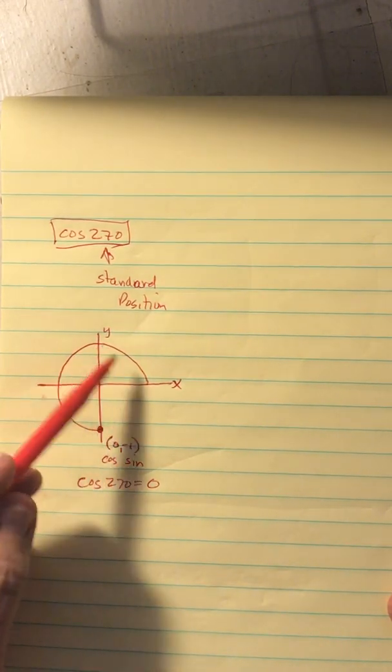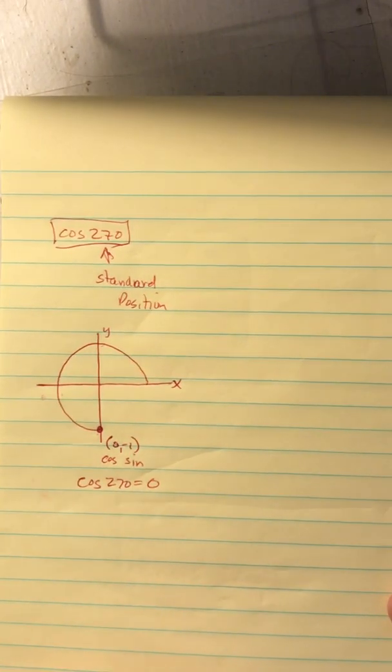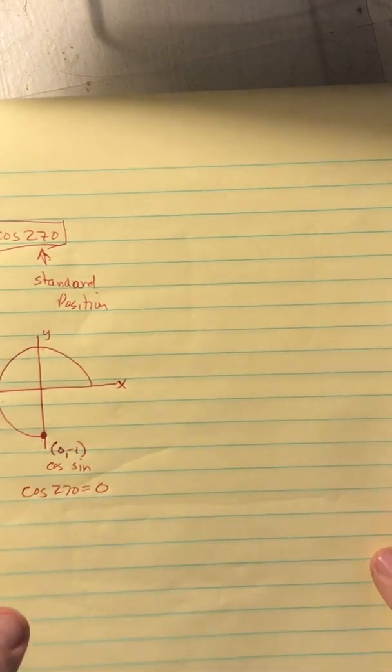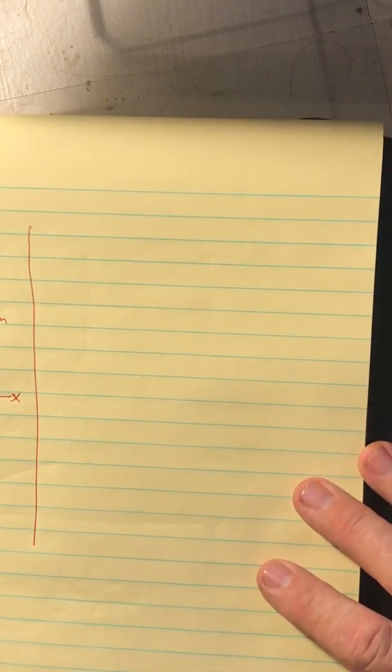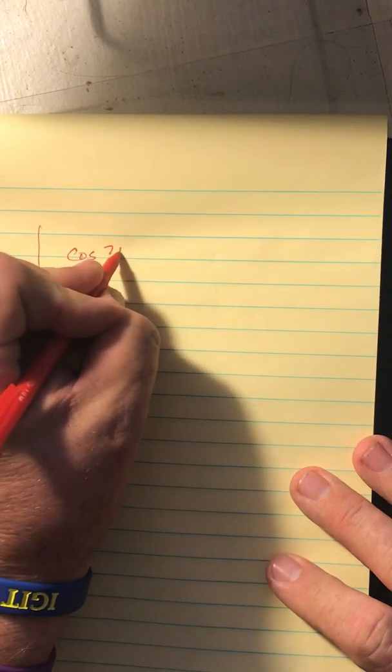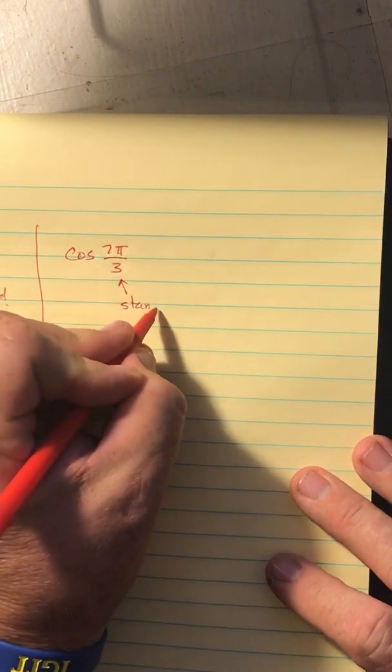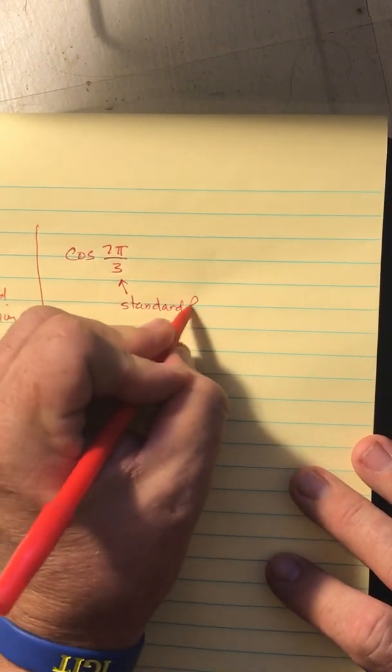So these ones on the corners, you got to use your unit circle to kind of adjust to them. When it comes to dealing with something like this, cosine of 7 pi over 3, we need to know, again, here's my standard position.